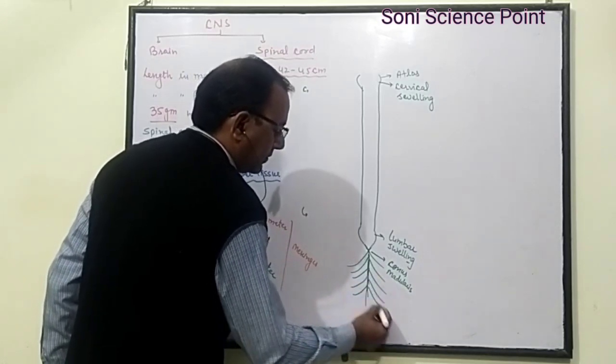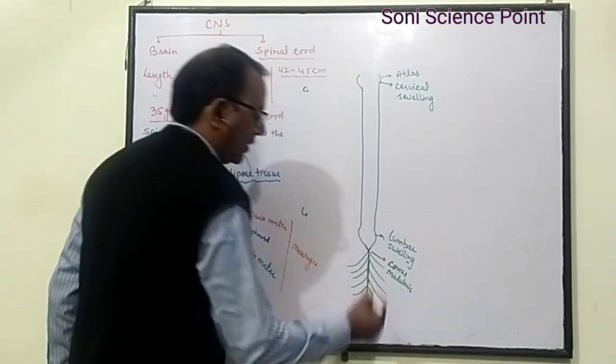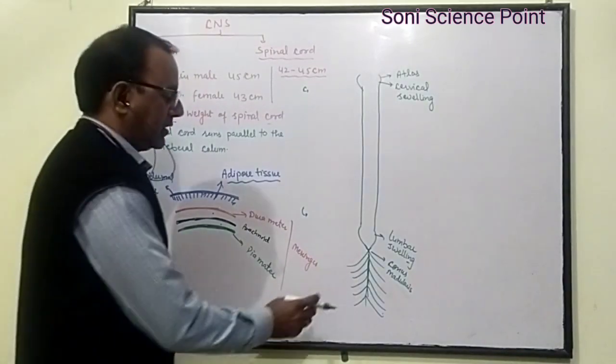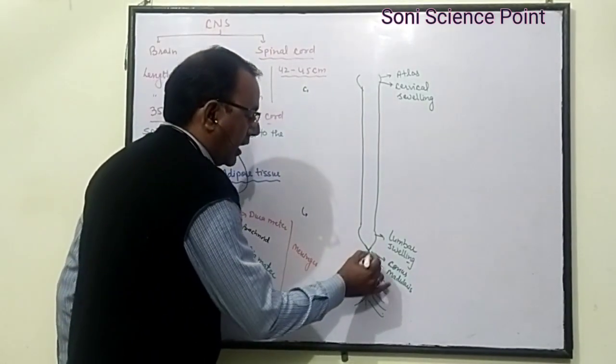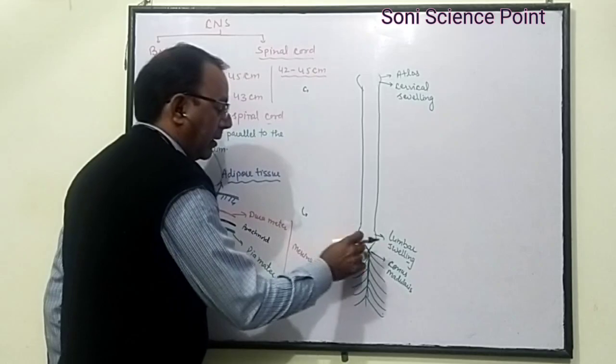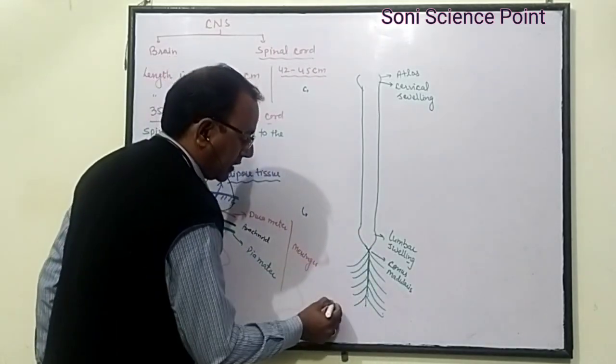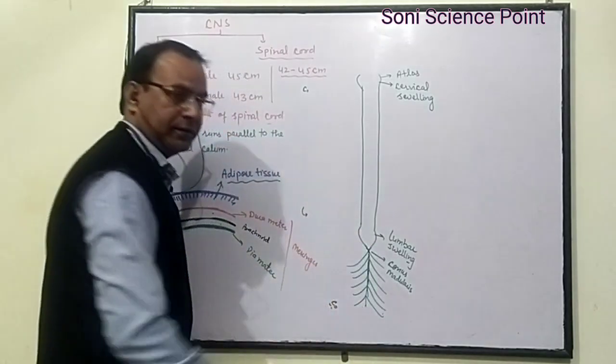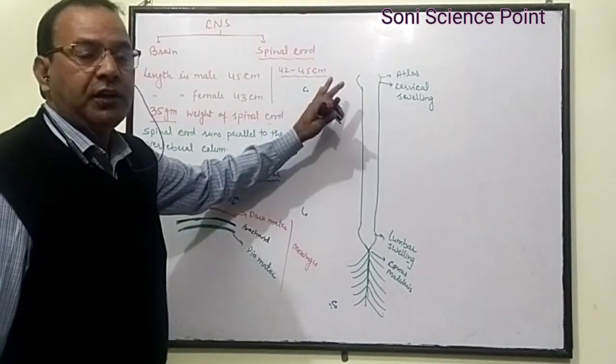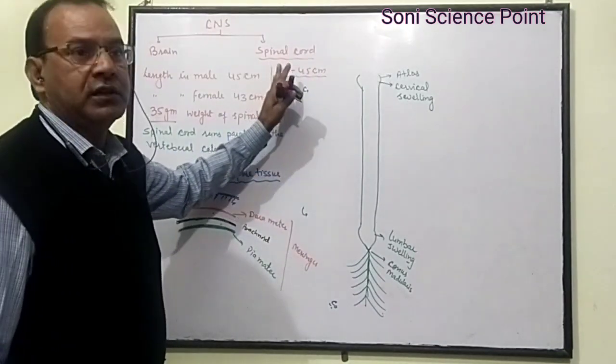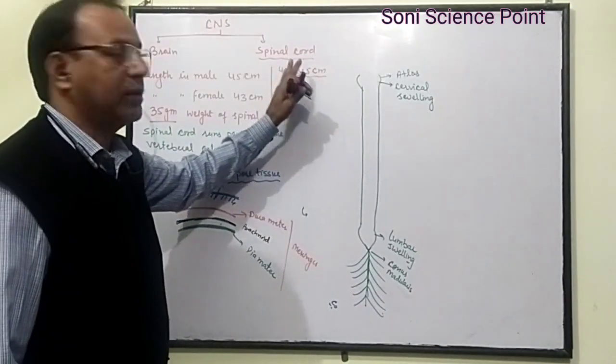These nerves arise from the first lumbar to the last one, the coccyx. There are 31 segments of spinal nerves arising from the spinal cord.